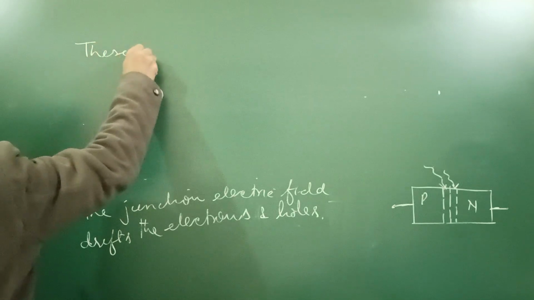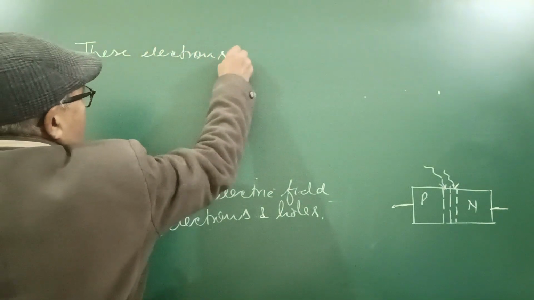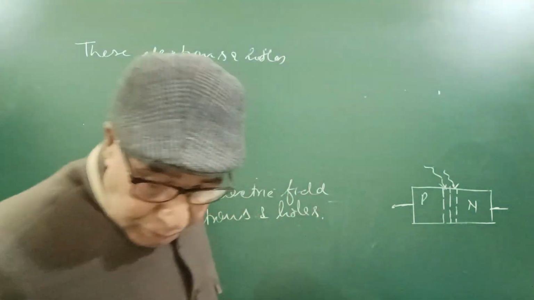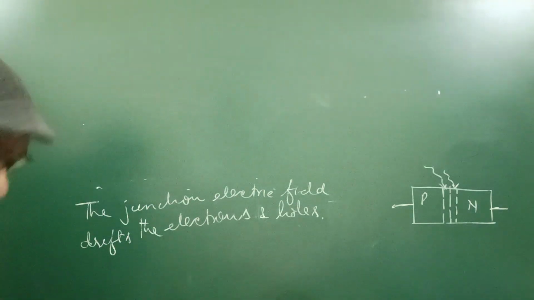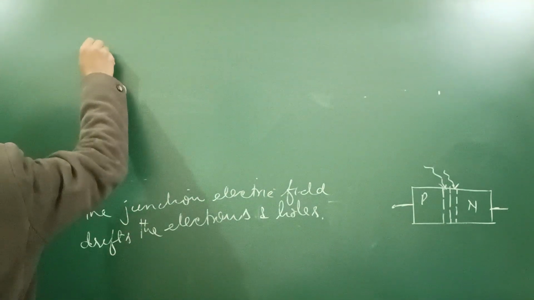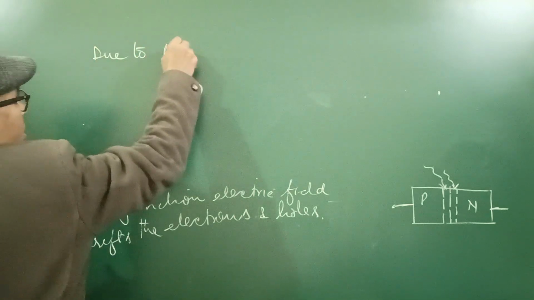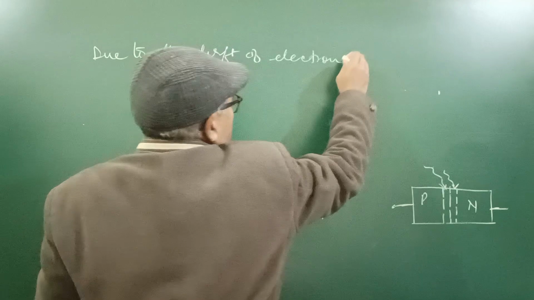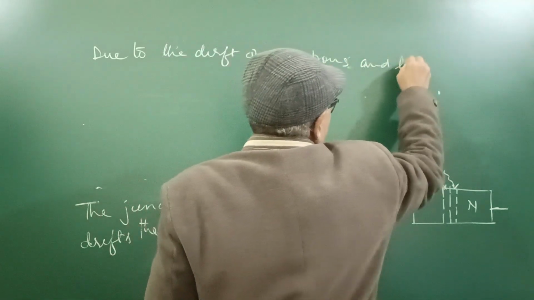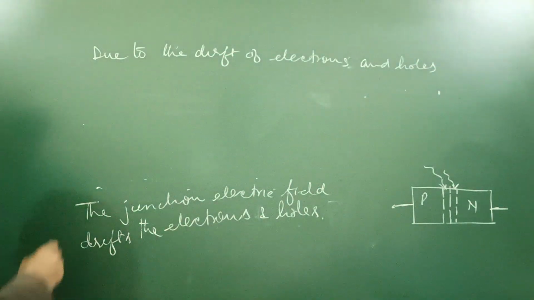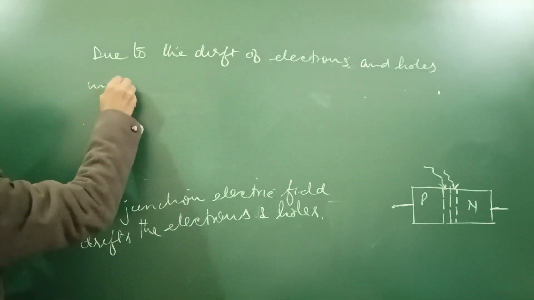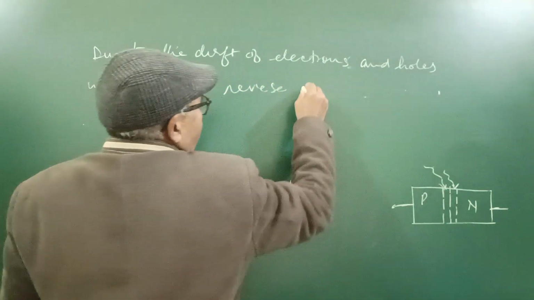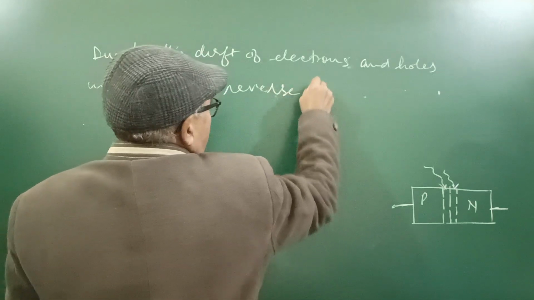These electrons and holes, due to the drift of electrons and holes, increase the reverse bias current.